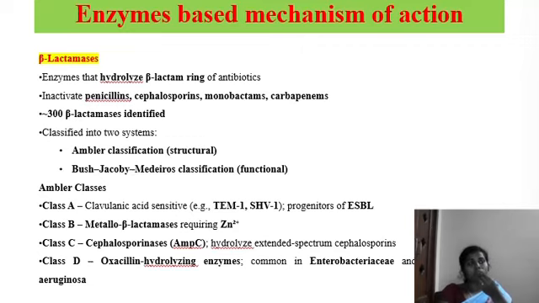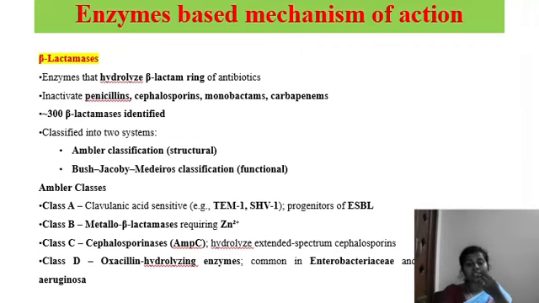They are produced by gram-negative bacteria and have large cavities when compared to class A and class B. And in the case of class D beta lactamase, one fine example is oxacillin, which is also found mostly in Enterobacteriaceae.